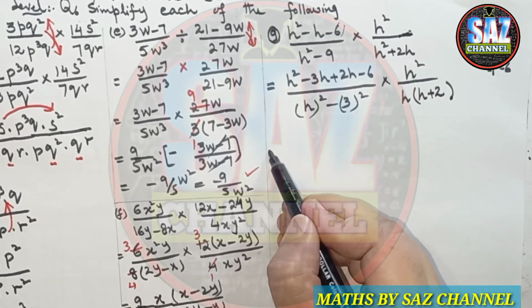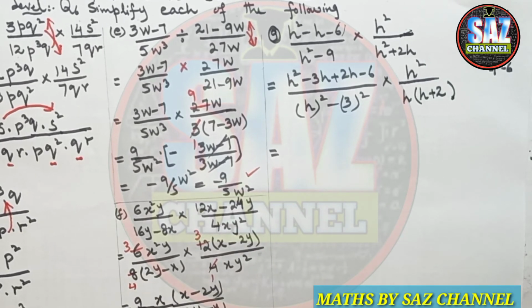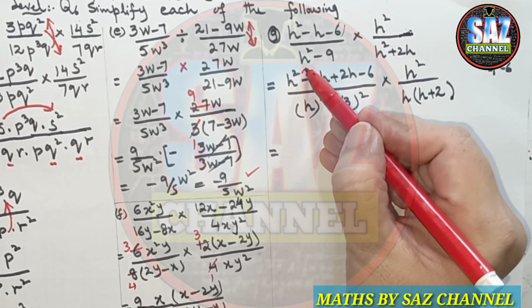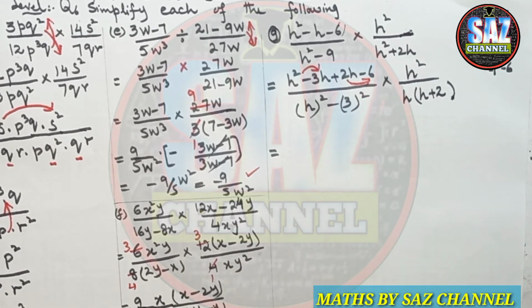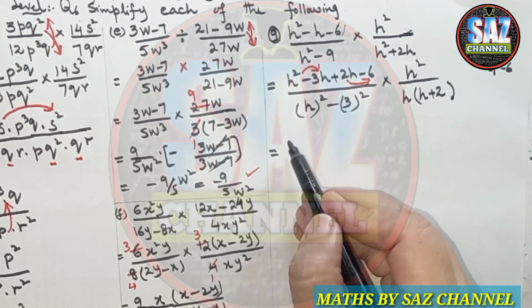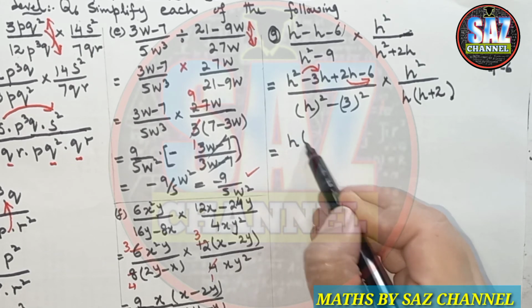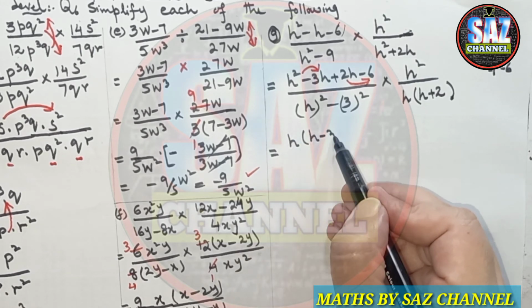Coming to the next step, I have to make the groups of like terms in the numerator of the first fraction to extract some number or letter as a common factor. From the first group, I can extract h out, and inside the bracket I will be left with h - 3.